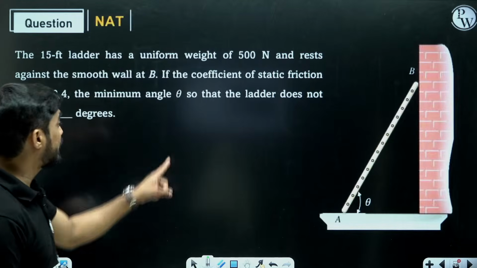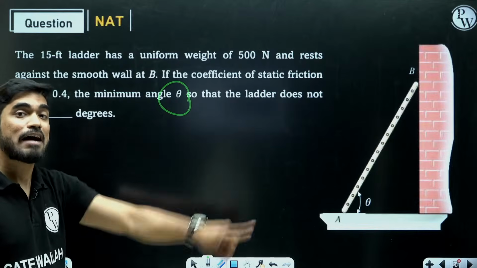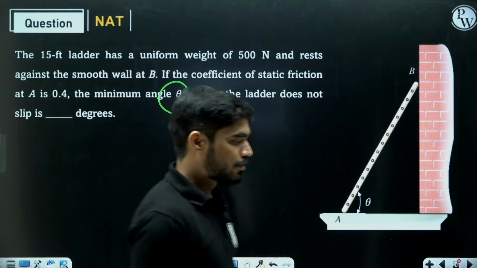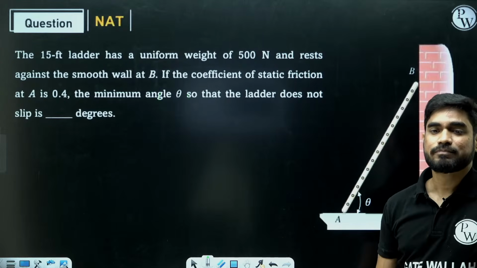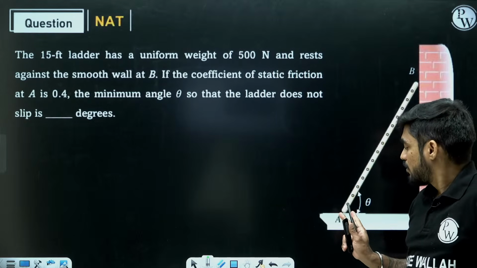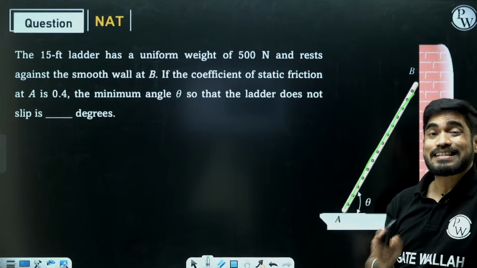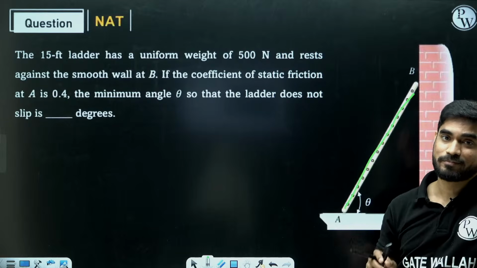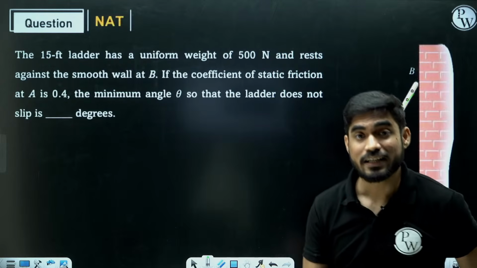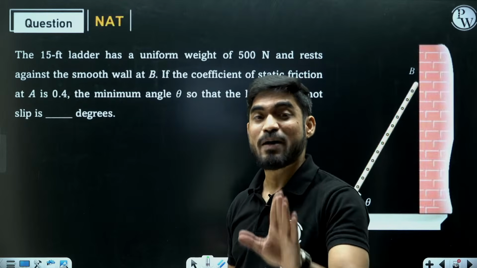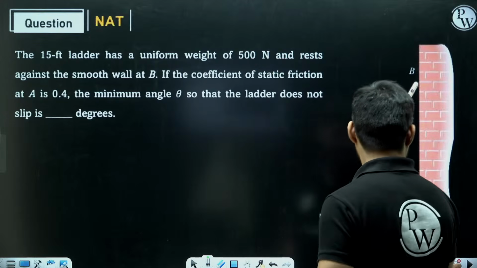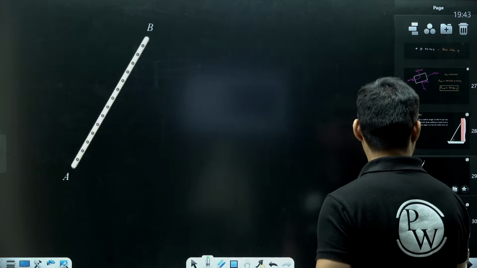So we need to find that angle. How are we going to find that angle? We will assume that the ladder is just about to slip, and in that condition draw the FBD of the ladder.